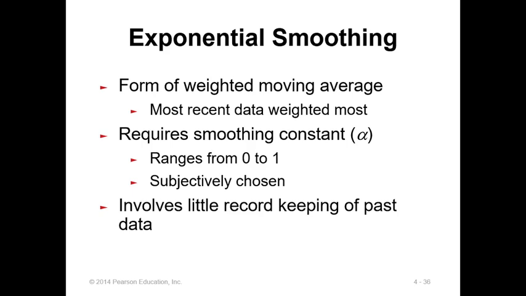And of course, the value of alpha will be decided by the forecasting expert. Alpha ranges, mathematically speaking, from 0 to 1, and it is subjectively chosen. It means it will be chosen based on the experience of the forecaster.